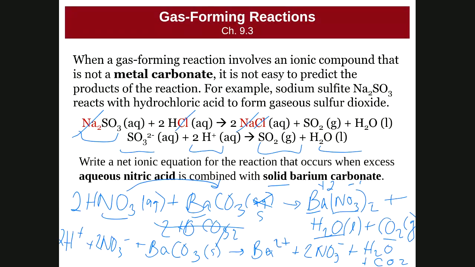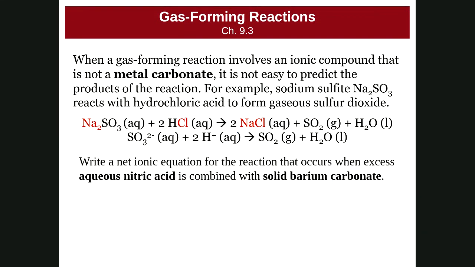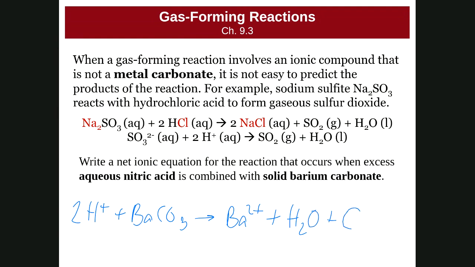Okay, so what can we get rid of? Do we have any spectator ions? So the only one I see is nitrate. So if we get rid of nitrate, our net ionic equation is going to be 2 protons plus barium carbonate reacting to form barium ion, water, and carbon dioxide.